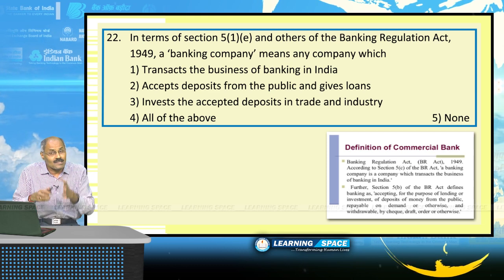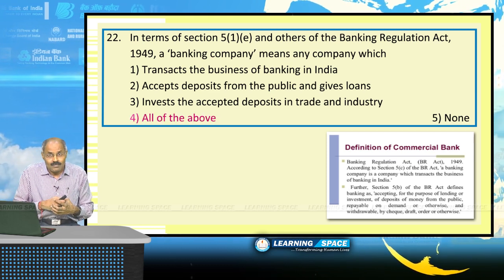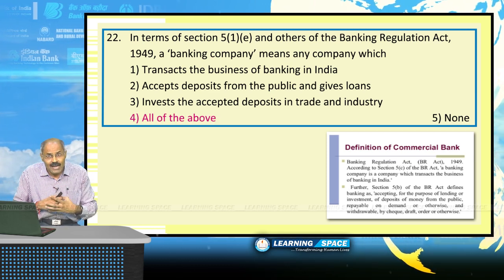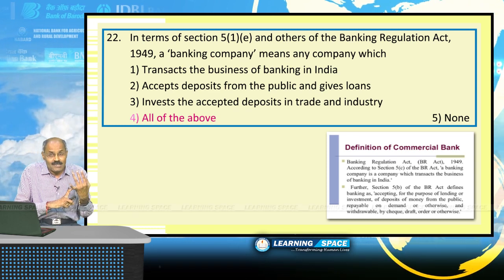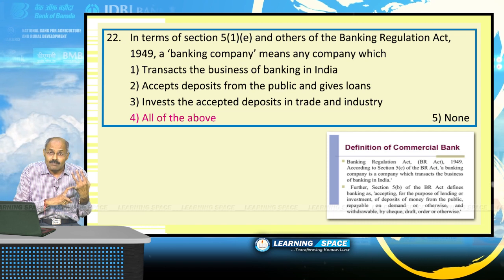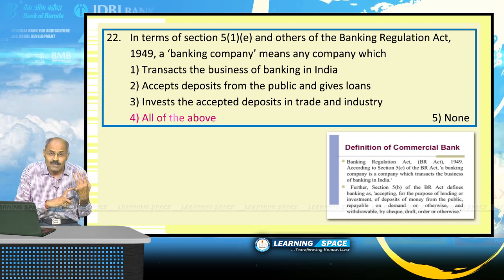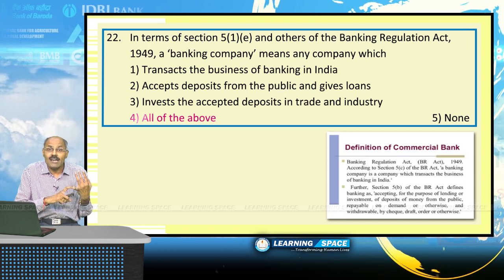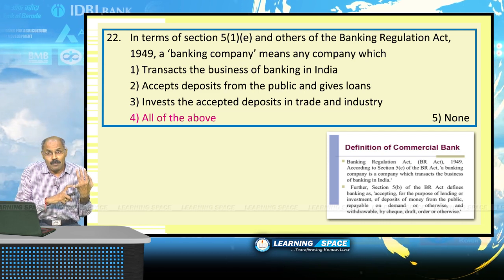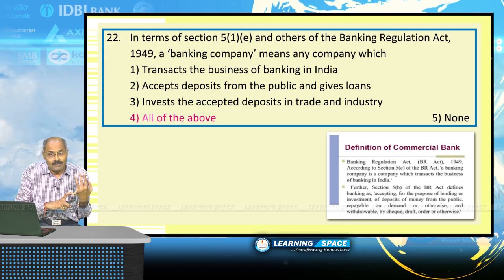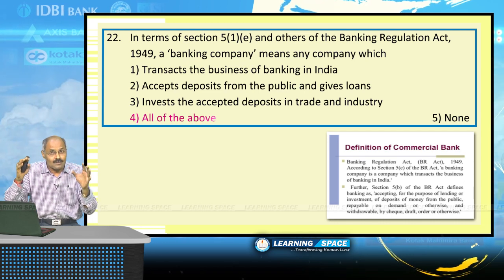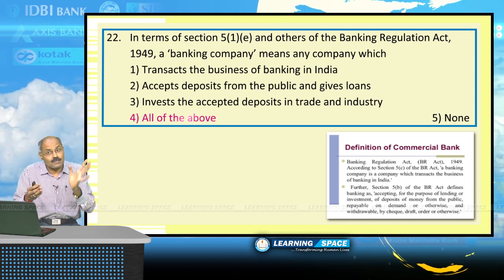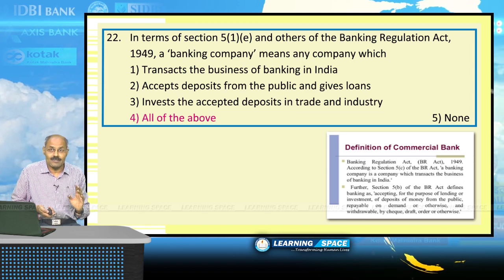So these three are correct. As per the Banking Regulation Act, one is which transacts the business of banking in India, second is which accepts deposits from the public and gives loans, third is which invests in trade and industry. These three are the norms prescribed as per the Banking Regulation Act.